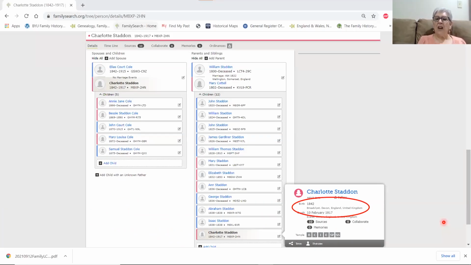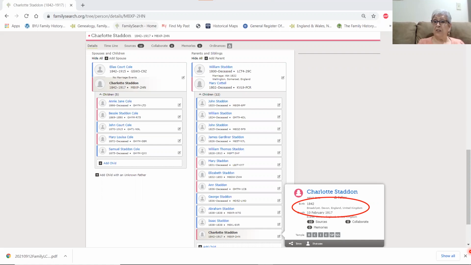So, going back to FamilySearch, I went to Charlotte in her family of origin, her original family, not her family when she got married. According to FamilySearch, she was born in Broadclyst, Devon, England, United Kingdom, which fits with the census.